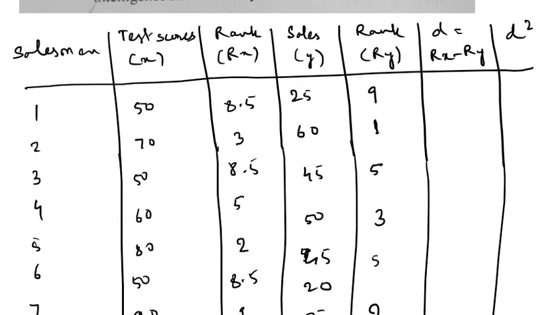Now D is equal to Rx minus Ry, the difference between the ranks. So 8.5 minus 9, minus 0.5. 3 minus 1, 2. 8.5 minus 5, 3.5. 5 minus 3, you have 2. 2 minus 5, minus 3.